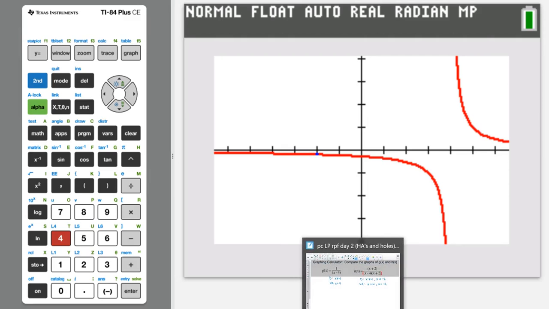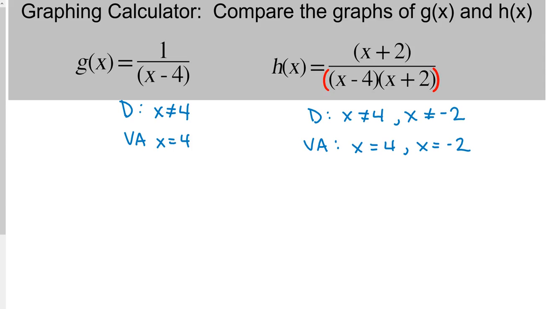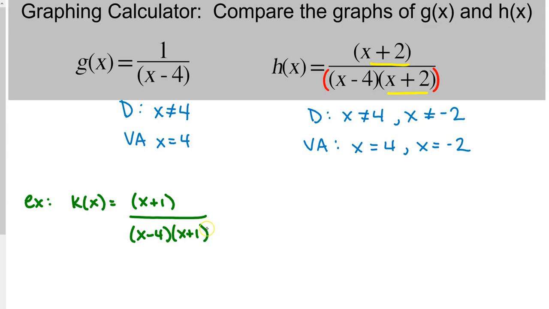There will be a hole in the graph at times when you have a factor that cancels, leaving no more of that factor on the bottom. So, if you had, let's say k of x equals x plus 1 over x minus 4 times x plus 1, you would have a hole at x equals negative 1.